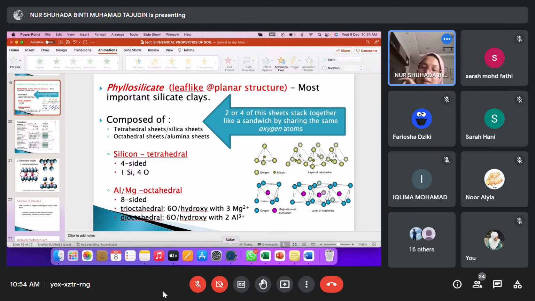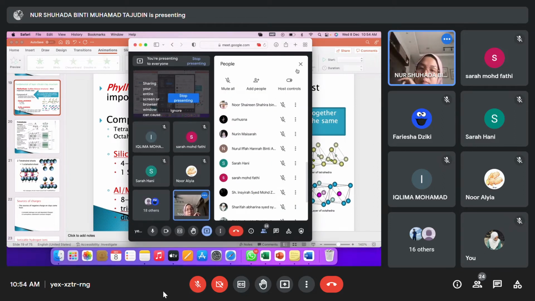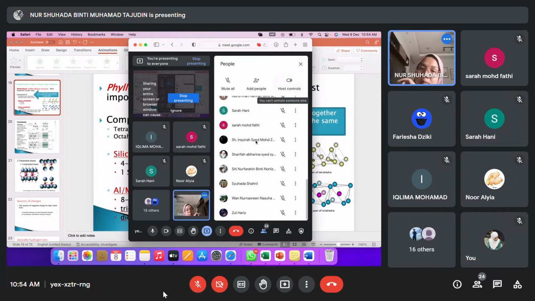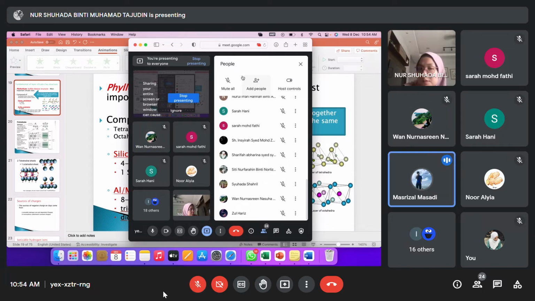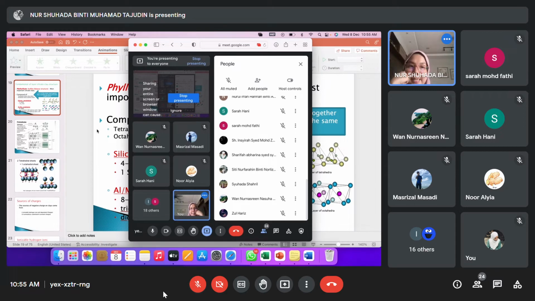How many structures were there? How many types of sheet are used to build what we call the silicate clay structure?